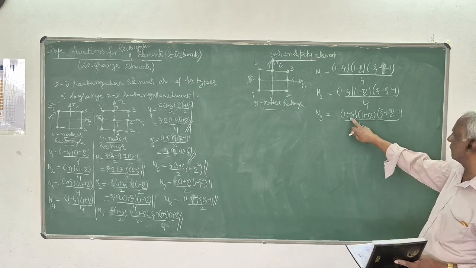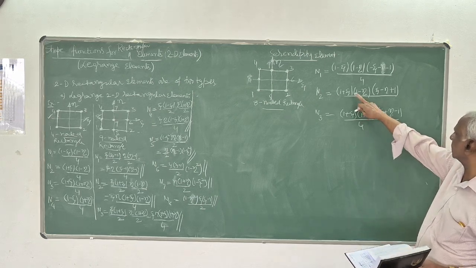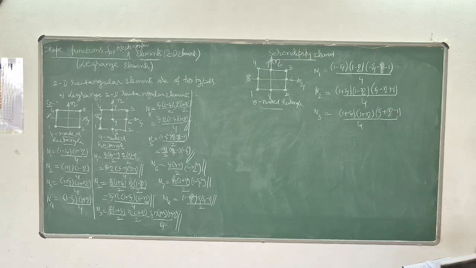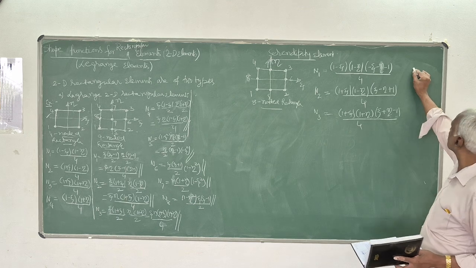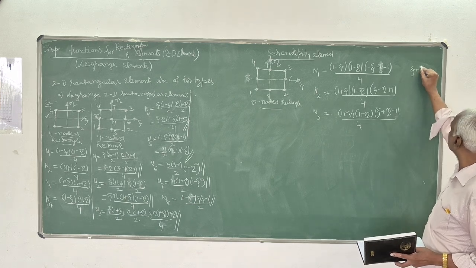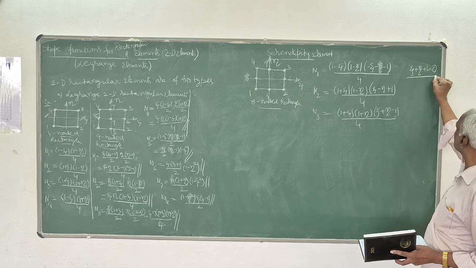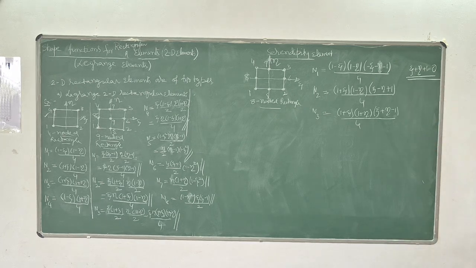Remember whatever you have here, you can write it with another minus 1 or plus 1. Now, you can use the relationship psi plus beta plus 1 is equal to 0 on this.